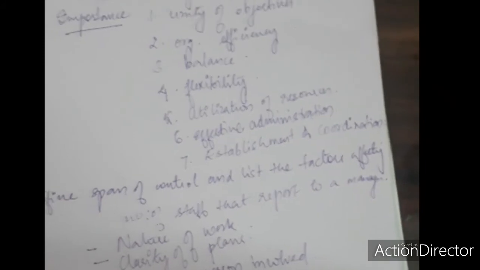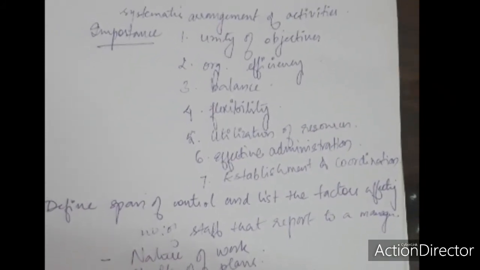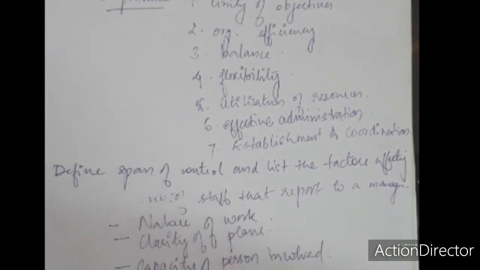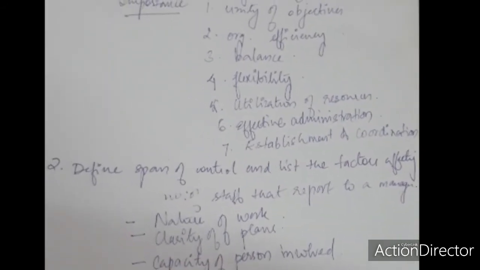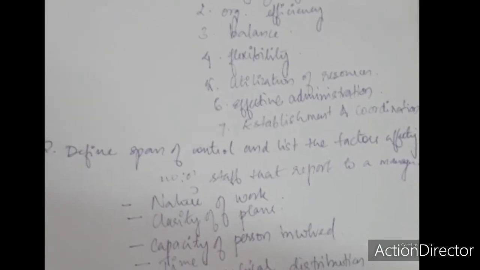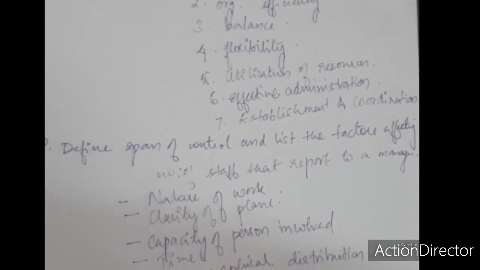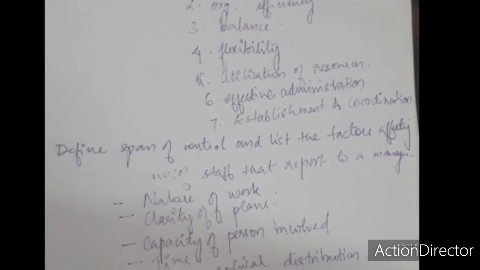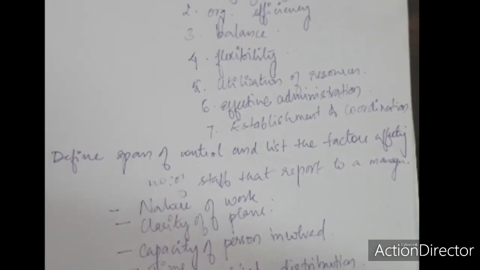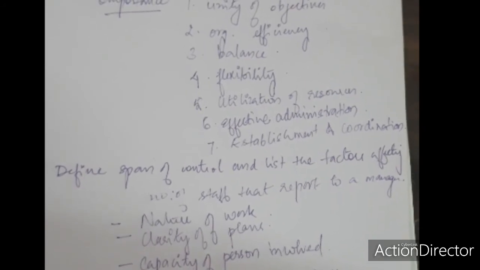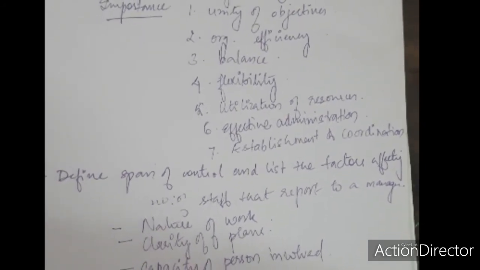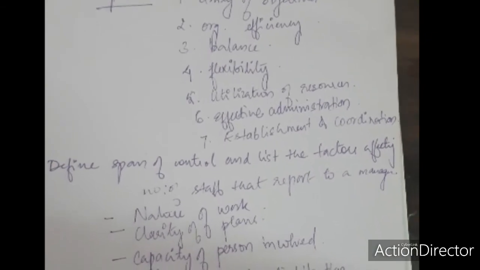That is, coordination can be among the group members or the departmental employees, or among the different departments. So it creates a clear relationship among the departments and helps in laying down balanced emphasis on various activities. So you need to have proper coordination between the different departments in an organization.